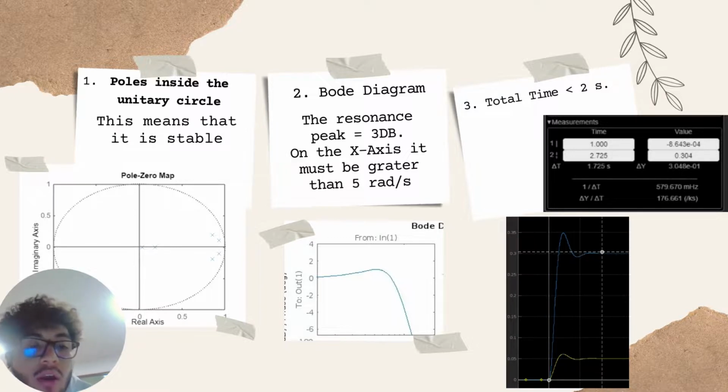And finally, we saw that the settling time of our system was 1.72, so it is less than 2 seconds. That means that our system is correct.